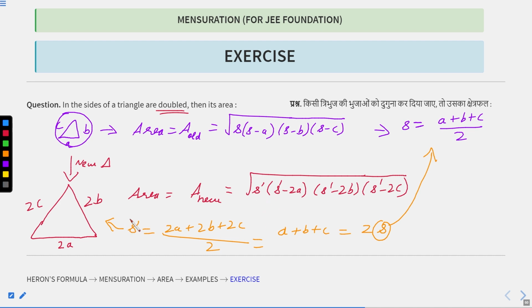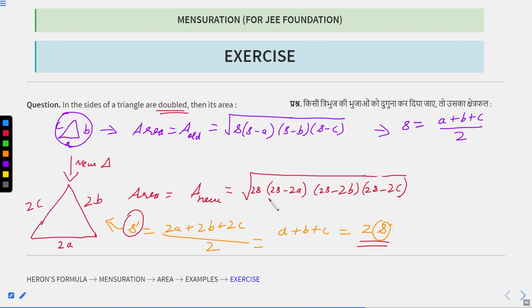Now putting S prime equal to 2S, I'm just putting the value of S prime here. So what will I get? I will get 2S here, 2S here and 2S here.